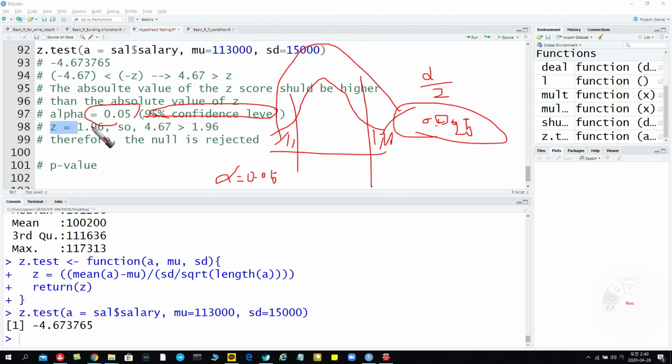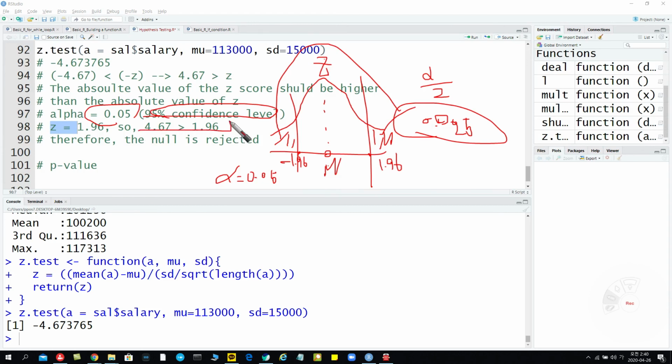In the 95% confidence level case, the critical Z-score is 1.96, and minus 1.96.